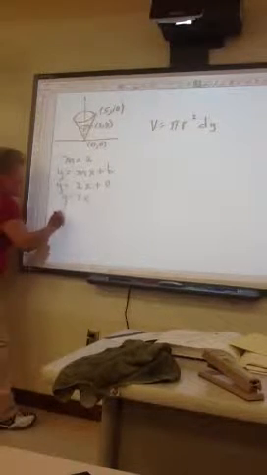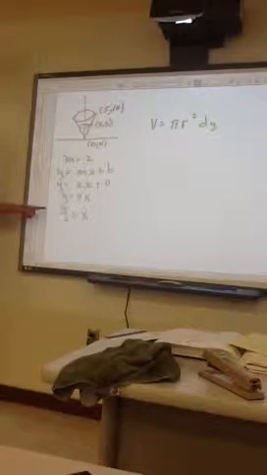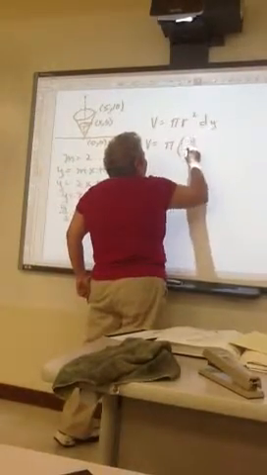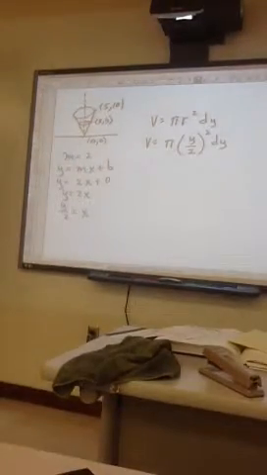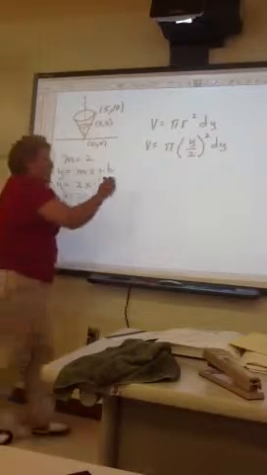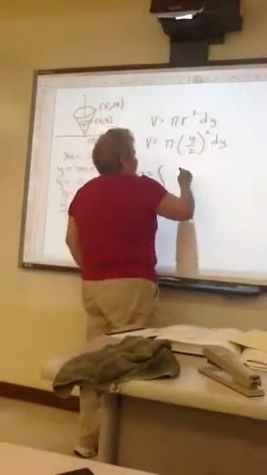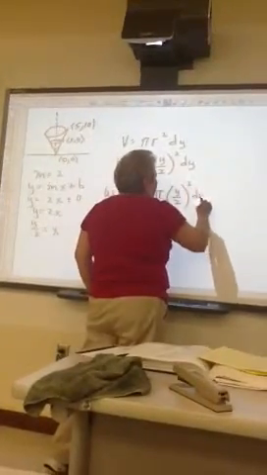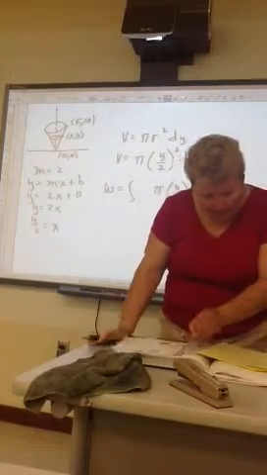So the radius is x, but in terms of y's, it looks like that. So now my work is going to be this force times the weight per unit, and he's got it in the problem.